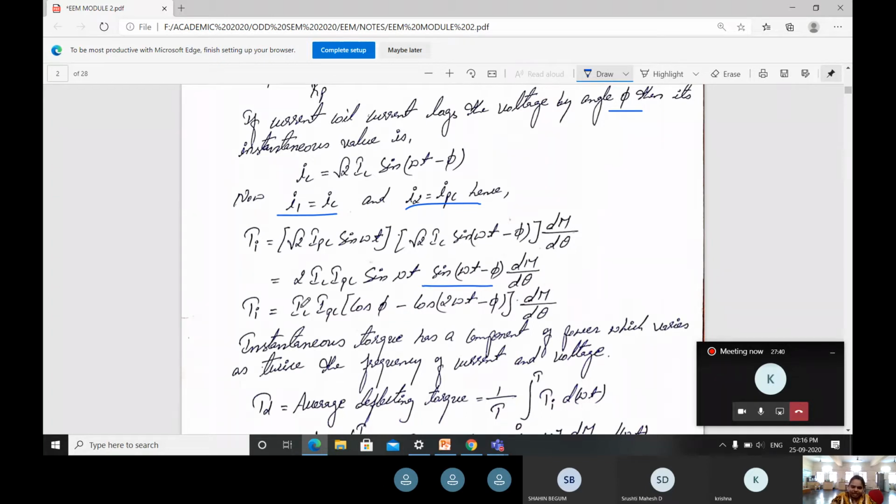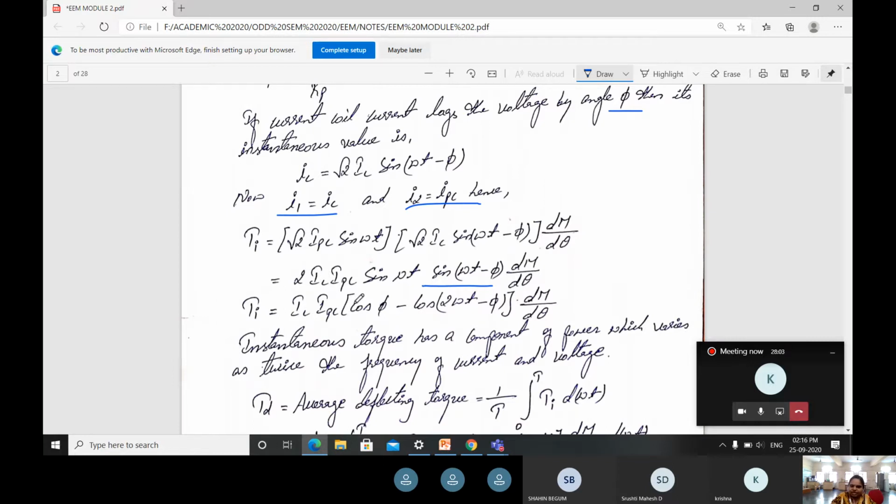Then for Ti, use the equation sine A into sine B. What is the equation? Sine A sine B is equal to 1 by 2 of cos A minus B minus cos A plus B. Use the formula. Based on that, I can write here 1 by 2, the 2 cancels. What is the remaining?